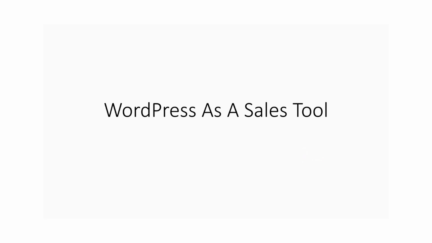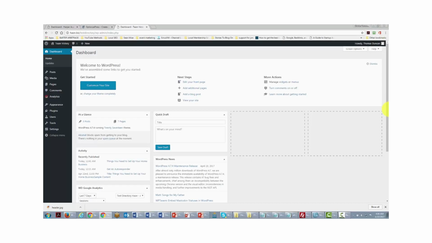Welcome back. Now in this video, we're going to be talking about using WordPress as a sales tool. Whether or not you use it in conjunction with your network marketing business, or you are selling products for your team or for your prospects, you are going to want to be able to create attractive sales pages from your WordPress website.